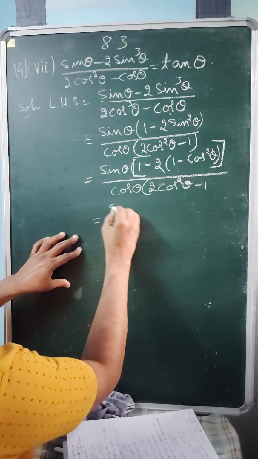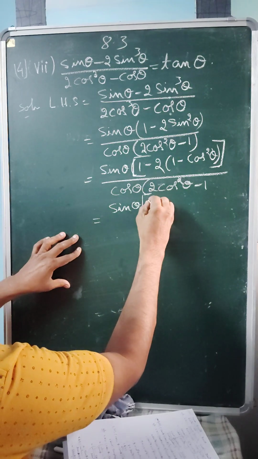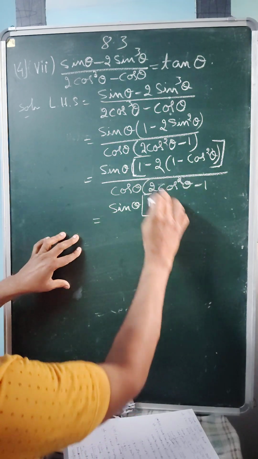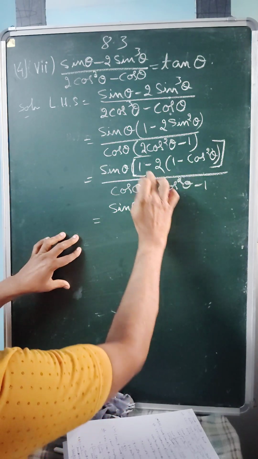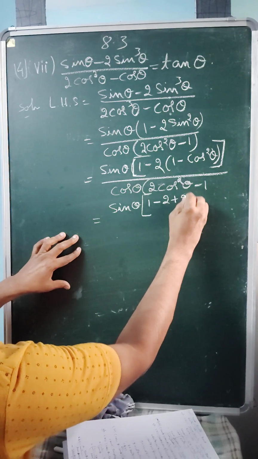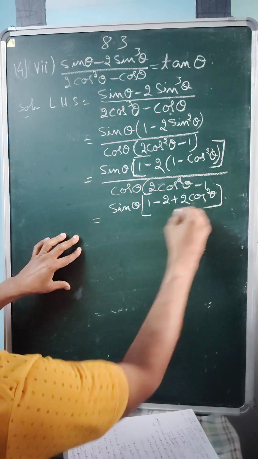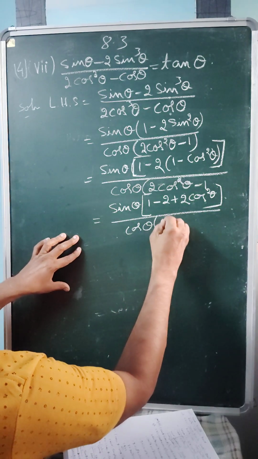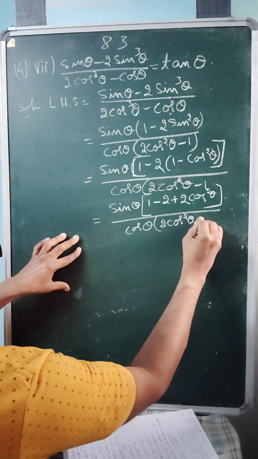Is equal to sin theta into (1 minus 2, taking this minus 2 inside: minus 2 into 1, minus 2 into minus cos square theta is plus 2 cos square theta), whole divided by cos theta into (2 cos square theta minus 1).